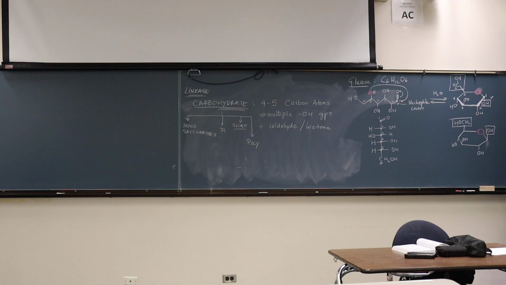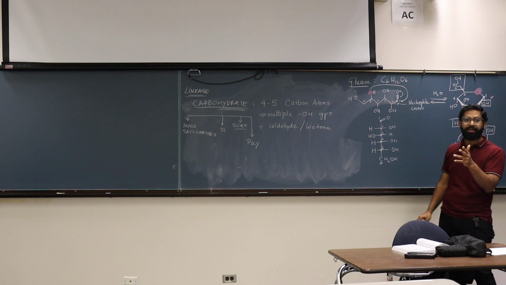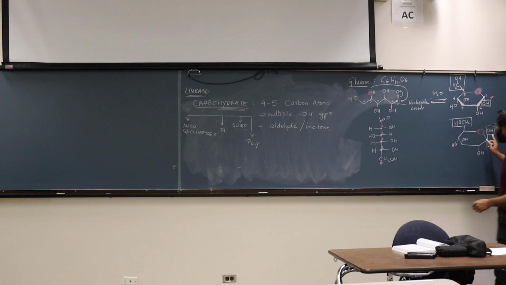Not exactly. This and this. So if you imagine this to be a planar structure, then this CH2OH group and this OH group are on opposite sides of the plane. In this, they are on the same side.